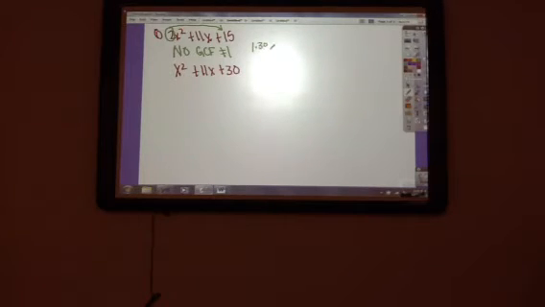1 and 30, 2 and 15, 3 and 10, 5 and 6. We need two numbers that we can add to get 11. So 5 and 6 are what we're going to use.